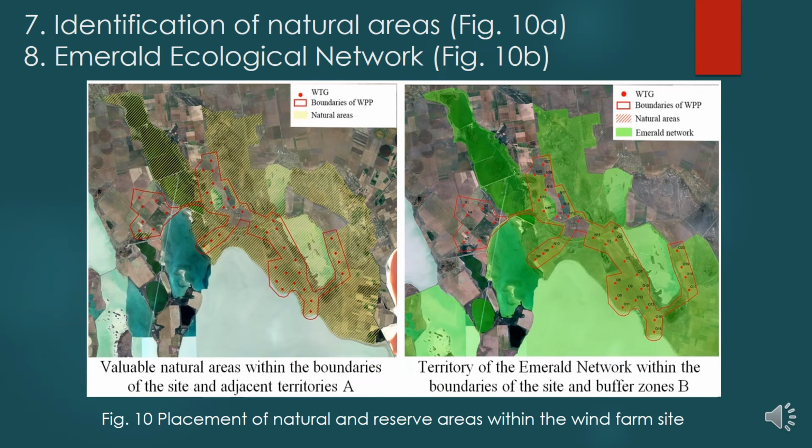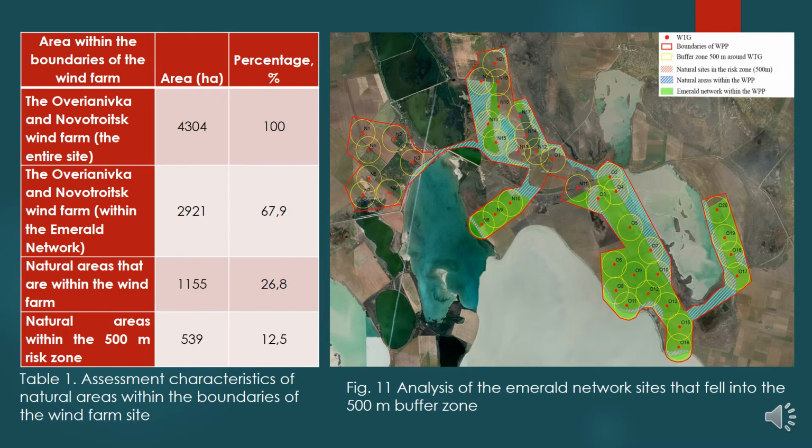Here is identification of natural areas and Emerald Ecological Network. An integrated approach was used in the assessing of the territory of the Emerald Network within the boundaries of the wind power plant and 500-meter buffer zones.